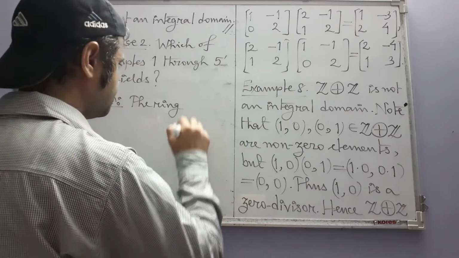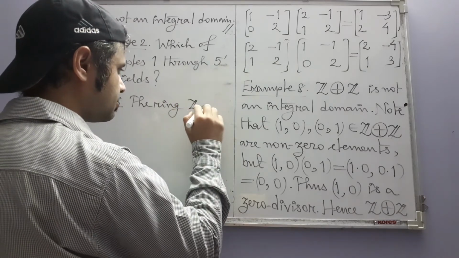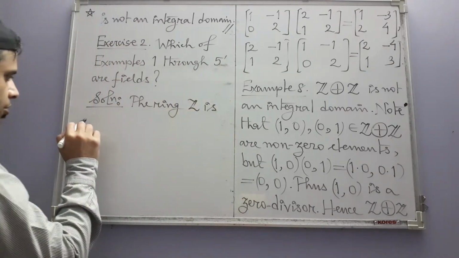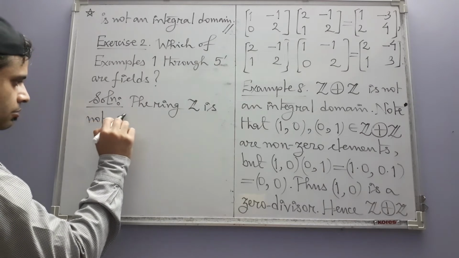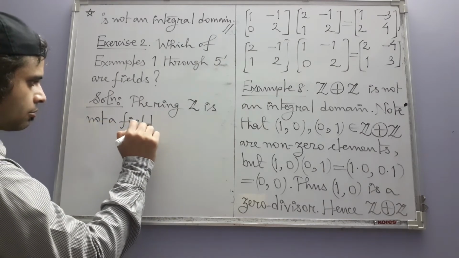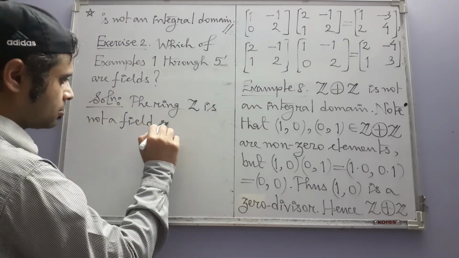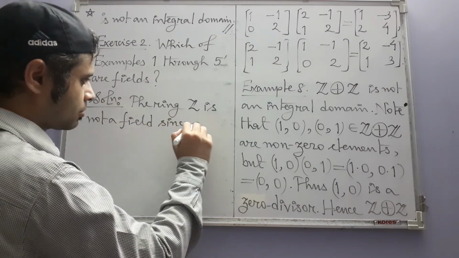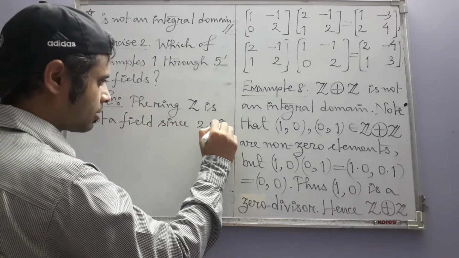The ring of integers is not a field since 2 is a non-zero element.